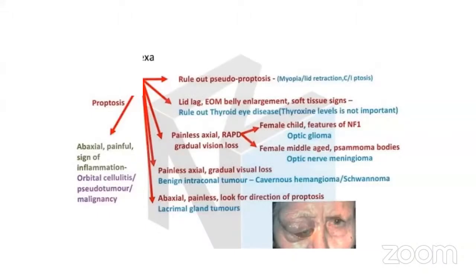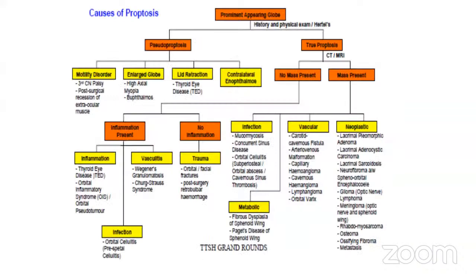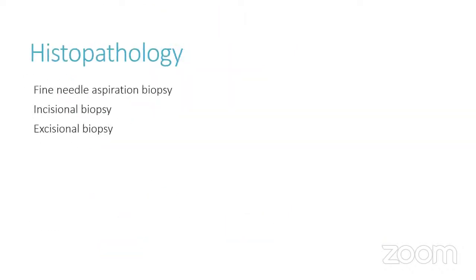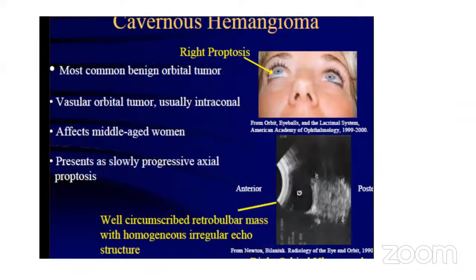Thank you. Okay, very good. Go back to the second last slide. Okay, this is an exercise for all the students: you have to write this table, all the important differential diagnoses for proptosis. And go back to the first table where you have written the most common causes as per the age.